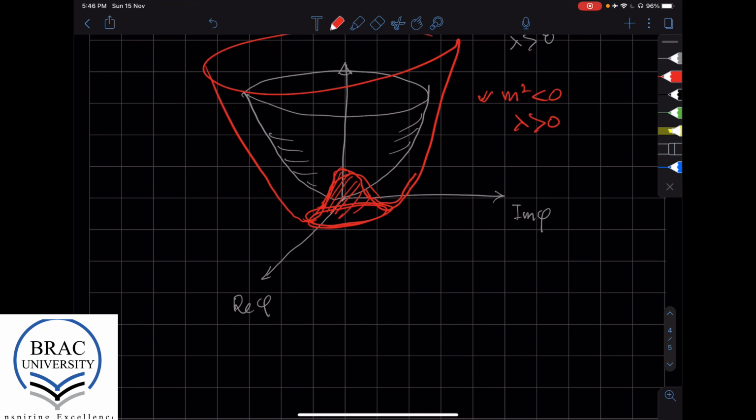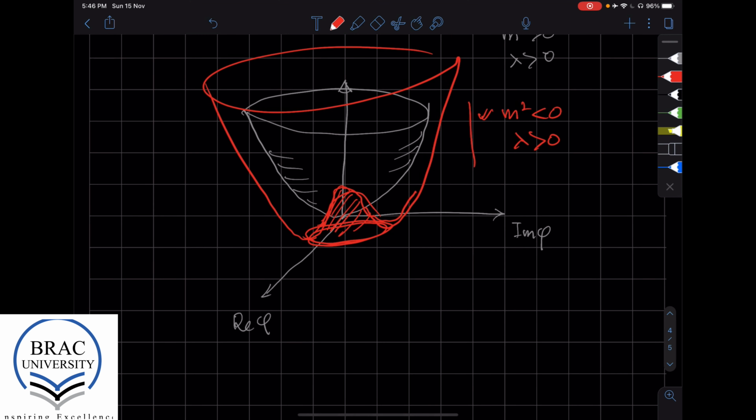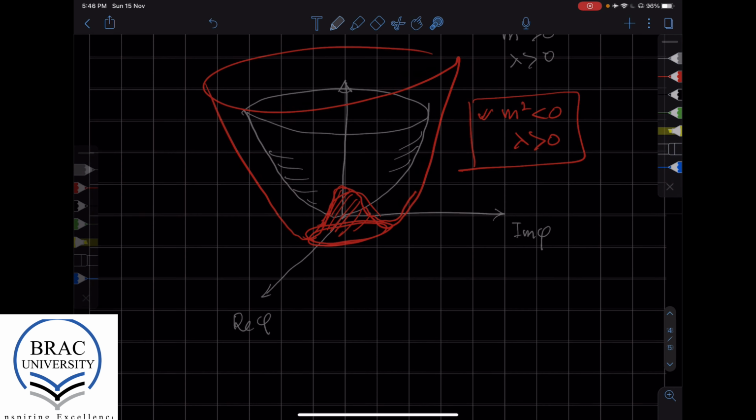In this case, the lowest energy minima of the potential is given by a circle. So any point on the circle is going to be a point where the potential energy is minimum.